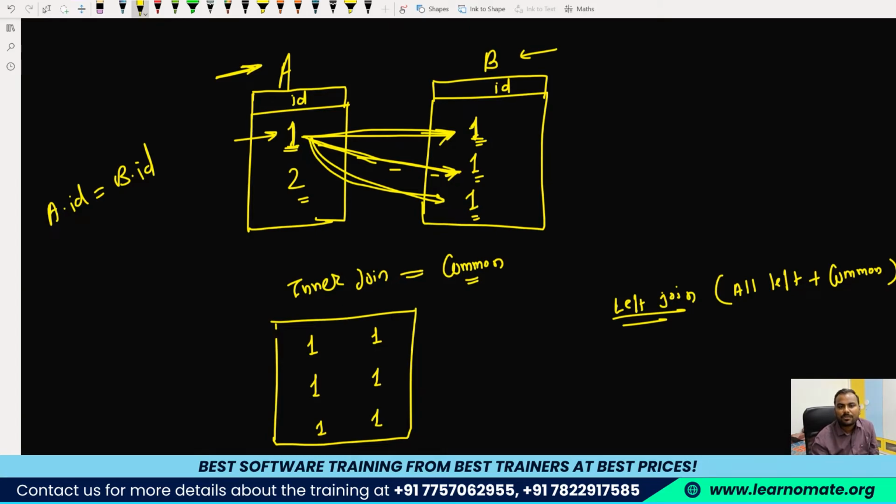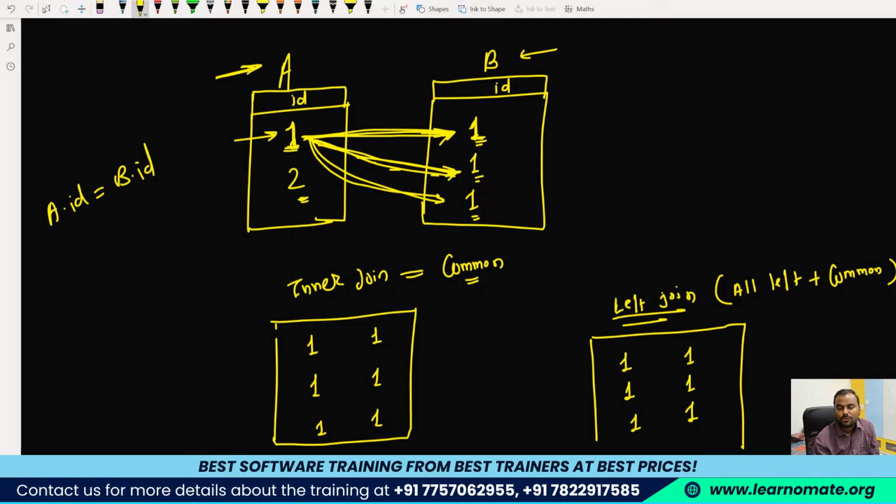So let's talk about the common records first. What are the common records? We have 1, and 1 will be compared with all the 1s from your right hand side. So it will be like 1 1, 1 1, 1 1. This is similar to your inner join, because your 1 is going to be compared with all the 1s.